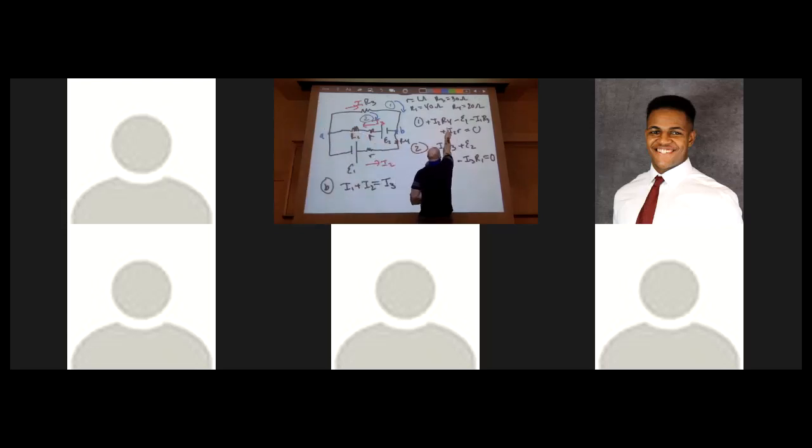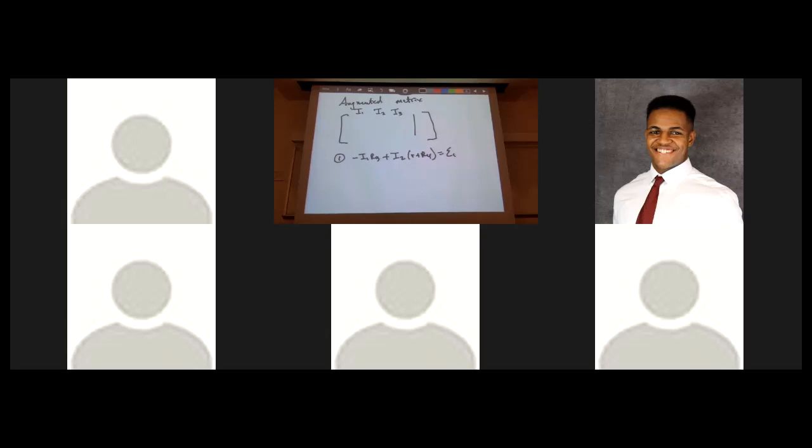So this is R plus R4, and I'm keeping that the same. Okay? So in the first row of my matrix, I'm simply going to write out this expression. Under the spot where it says I1, I'm going to write a minus R3. For I2, I'm going to put R plus R4. There's no I3, so that gets simply a 0, and this is equal to E1.